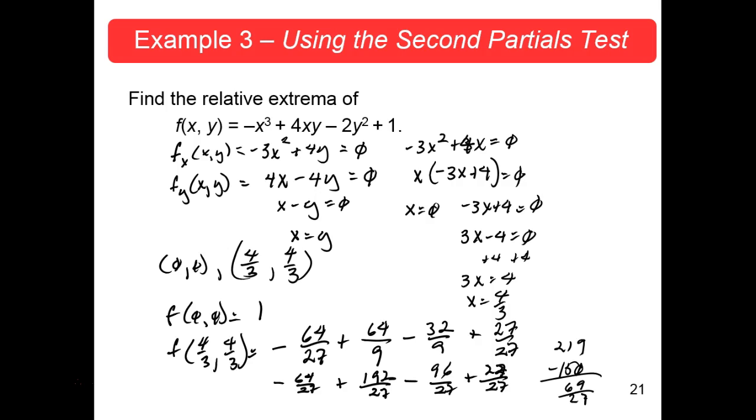So, we know that the first critical point is equal to 1, and the second critical point is something greater than 1.